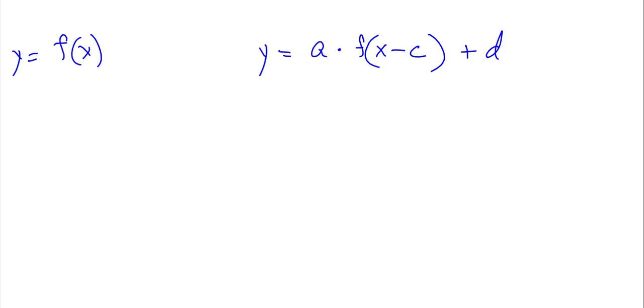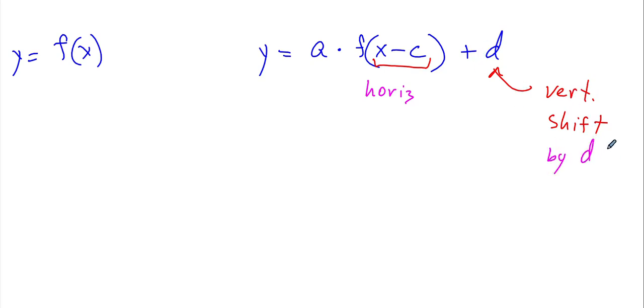Anyway, let's recap what these things are. This is the inside-the-function transformation, and this is outside. Outside is a vertical shift, either up or down depending on whether it is positive or negative, of the whole graph. On the inside, this is a horizontal shift by C. In this case, the vertical shift is by D. If D is positive, it goes up.